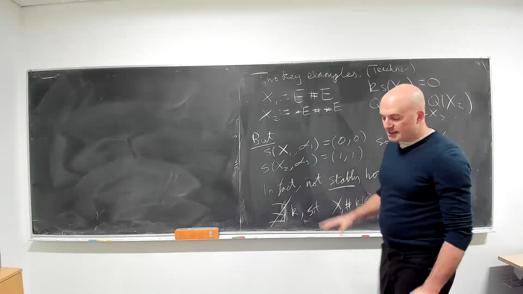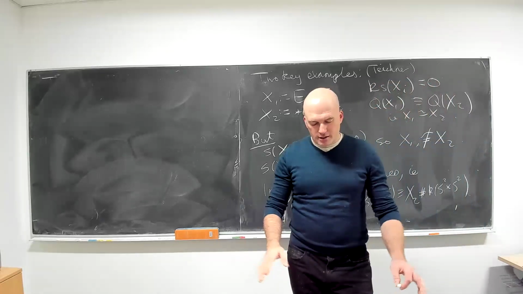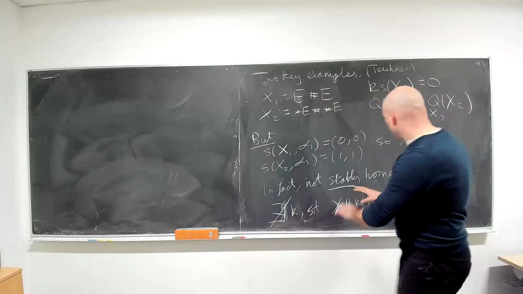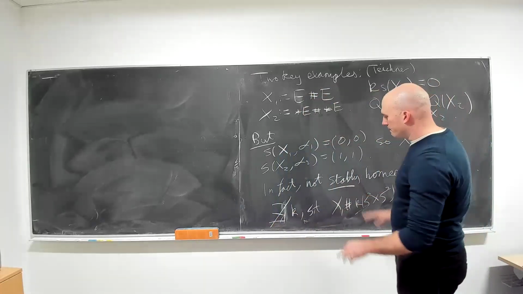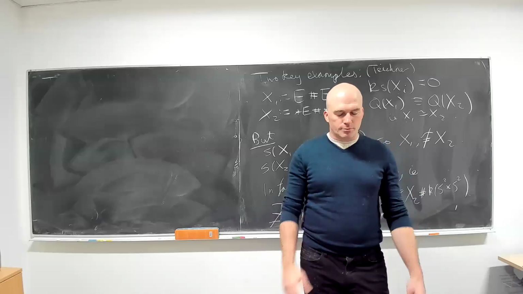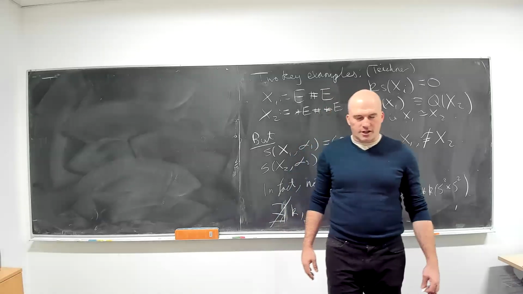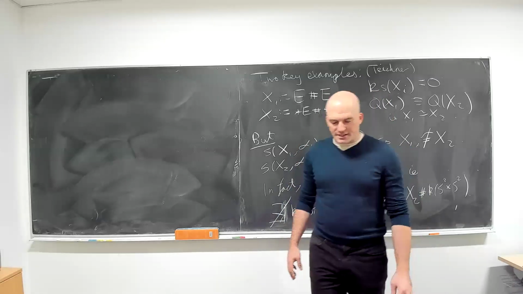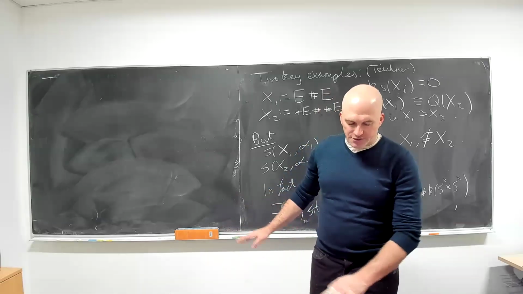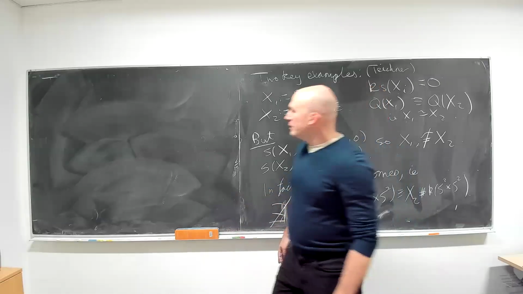There's a whole extra story to understand the stable classification, involving computing bordism groups. I wasn't going to go into that, but it doesn't follow from the theorem. It's just an extra fact. Okay, thank you.